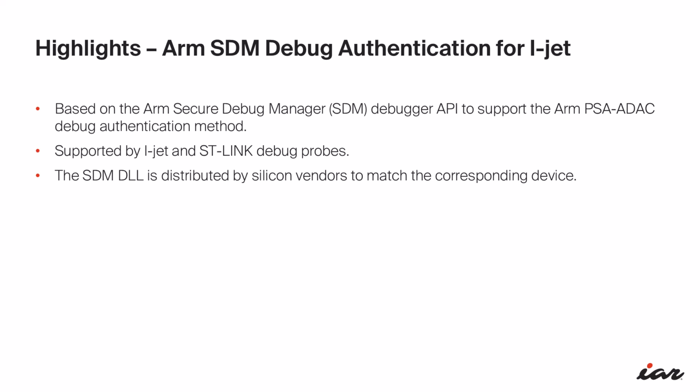That means you get the secure debug manager from the silicon manufacturer, and then the debugger can use that debug manager, and the IDE in the debugger will then reflect the features available on the device. We started implementing this on the ST-Link in the previous release, but now it's also supported by iJet, our own debug probe.